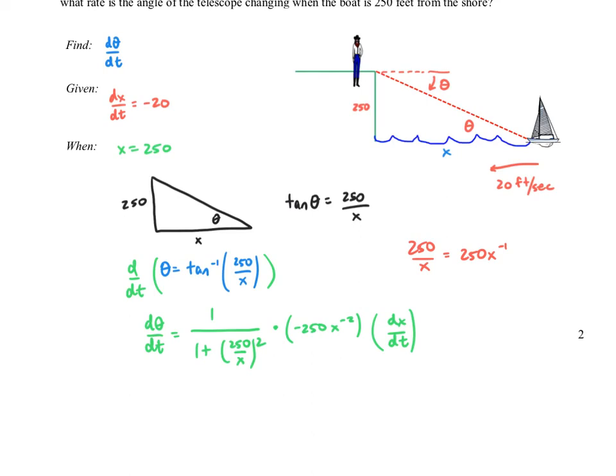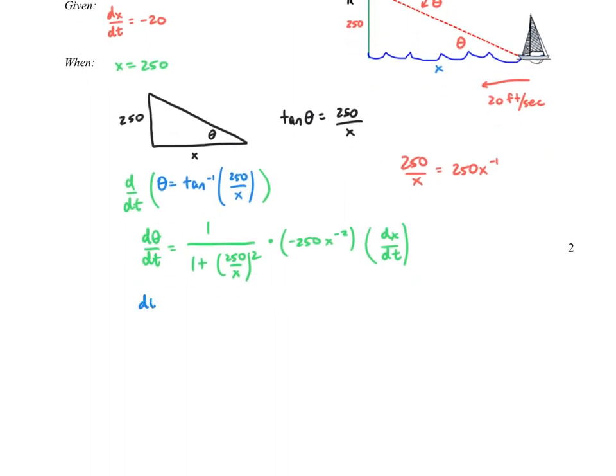Okay, we have a bunch of stuff here. We're going to go ahead and substitute in our value that we're looking at, which in this case is x equal to 250. So what we get is 1 divided by, now again, if you're substituting in 250 here, you have 250 divided by 250, which is 1, squared is 1.